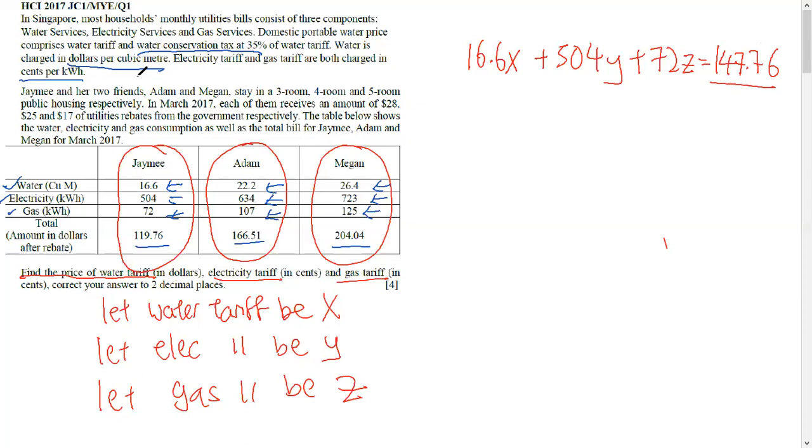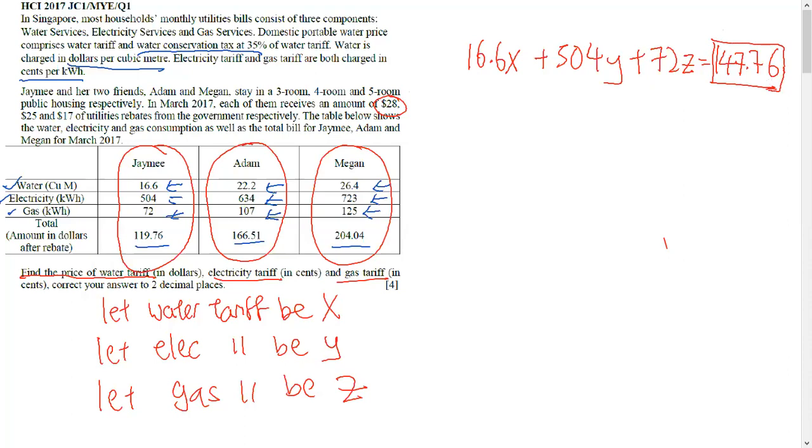So you must look back into the question. In this case, Jamie actually receives $28 for the rebate. Correct. So if you use 119.76 plus 28, it gives you this value over here. This is the original value without the rebate.